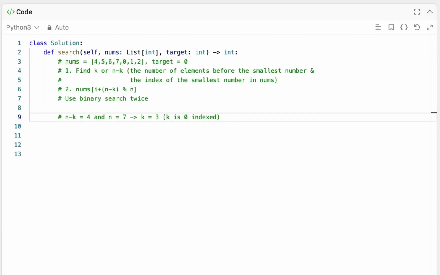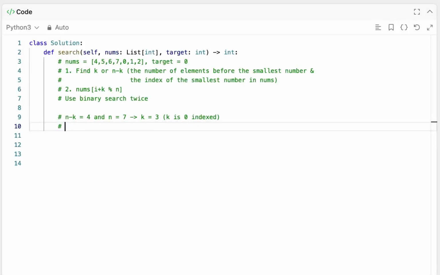Now that we have this, for the second step I simply add 3 to my nums. So 0 plus n minus k, that is 4. My bad, I'm not adding n minus k here, I'm adding k.